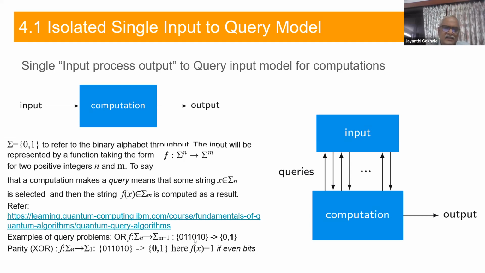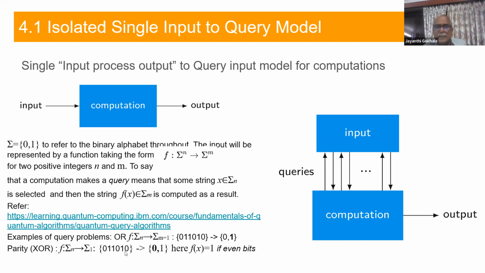These are the 6 bits of an input which will drive and generate an output which is either a 0 or a 1. In this case, the OR defines the fact that the output will be equal to a 1. Similarly, for the case of an XOR, which is also identified as a parity gate, you define an input string and the output once again could be either a 0 or a 1 depending upon the parity evaluation over here.